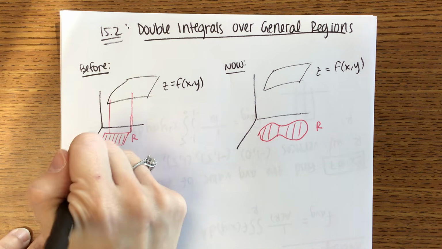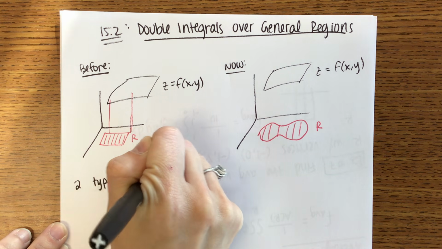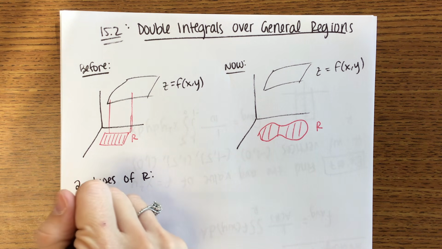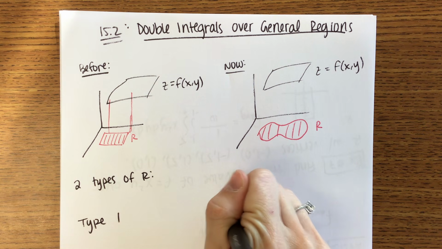Okay. So first thing we need to know is that there are two types of regions R, not including the rectangle. The rectangle is one type. And then within these general regions, there's two types, aptly named type 1 and type 2.